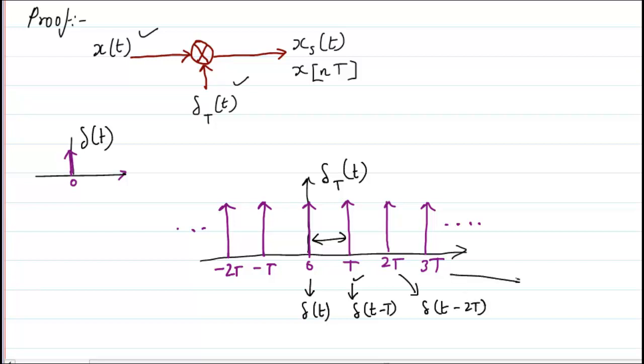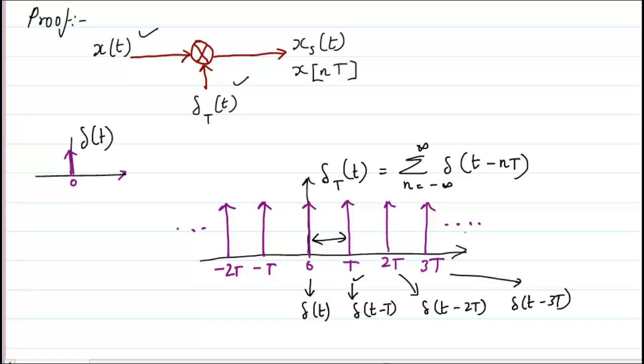Similarly, this can be written as delta t minus 3T. So this train is a combination of many delta signals: delta t and its delayed versions, which I will write as minus nT, where n goes from minus infinity to plus infinity.